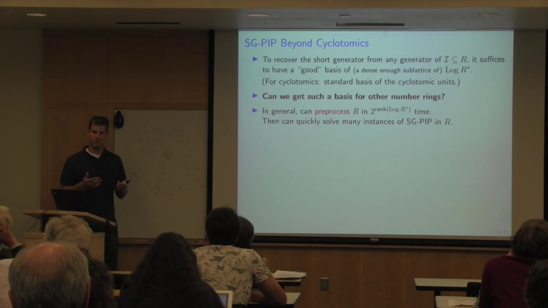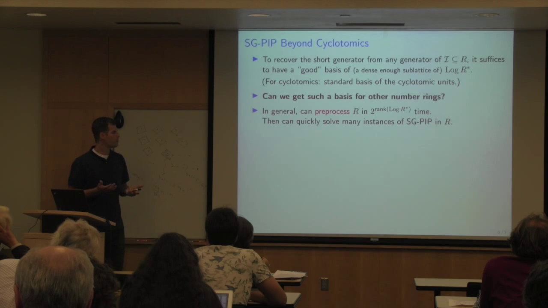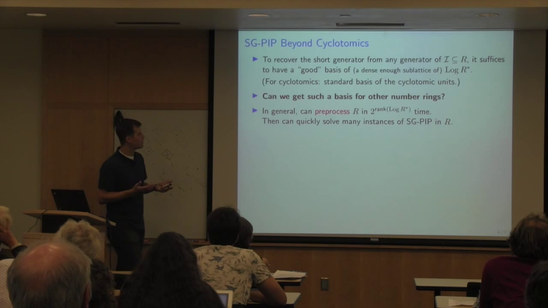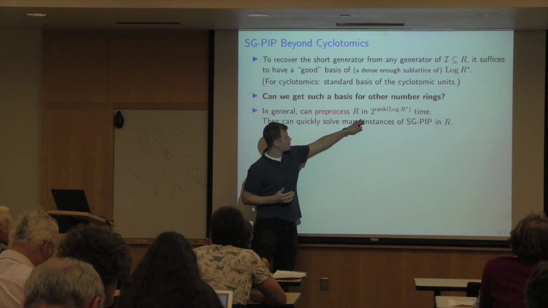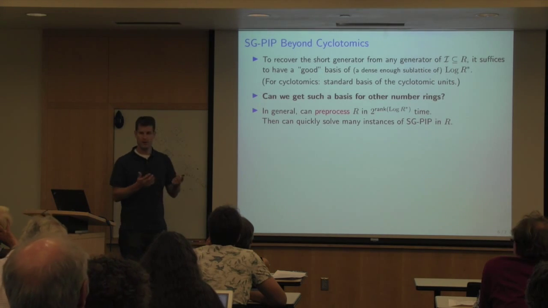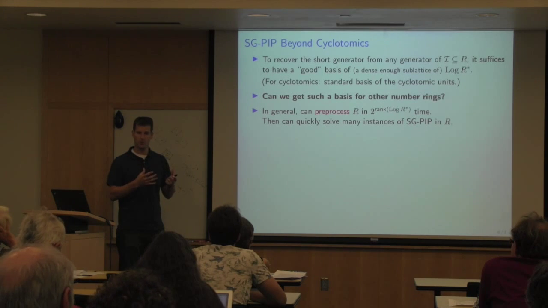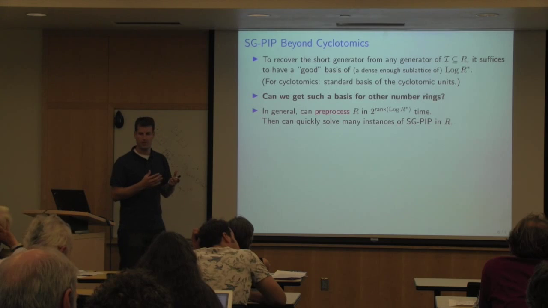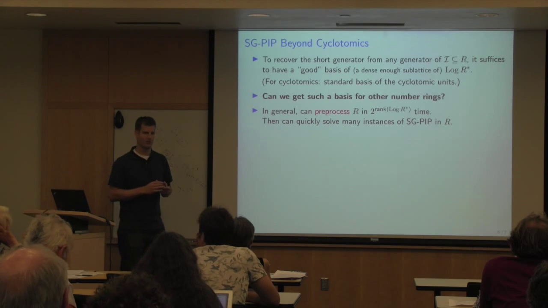So if this ring is used by everybody in the world, then we can pre-process it for a while. We can spend a lot of time to first find the unit group, right? Find the generators of the units, and then moreover improve those generators to be short using, for example, a shortest vector algorithm like Oded will show us after lunch.